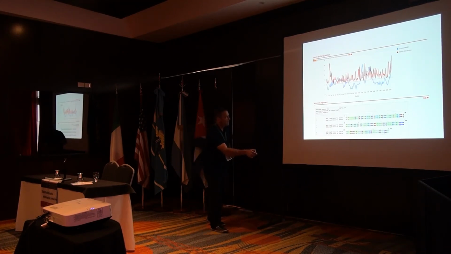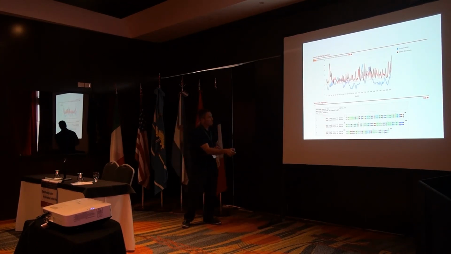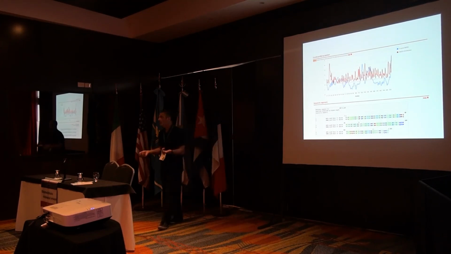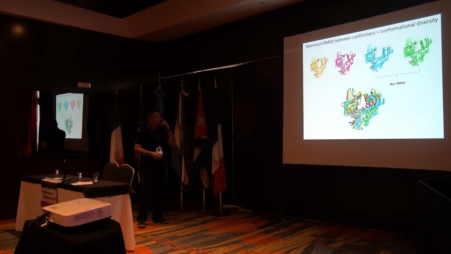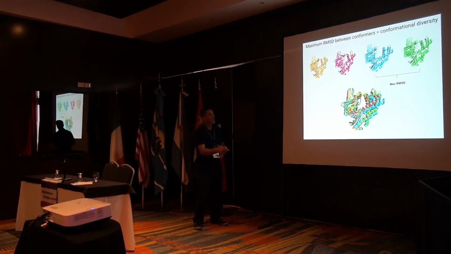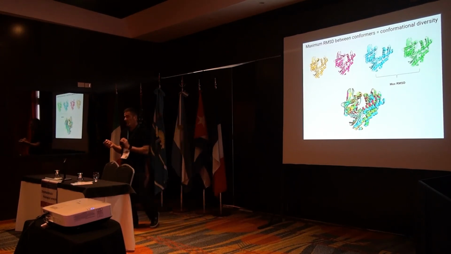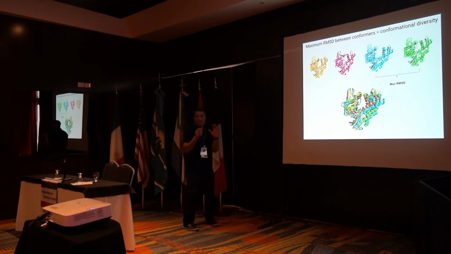You can see here that the sequences are identical, so these different structures represent different conformers. It's important to know that when we structurally align all the conformers for a given protein, we record the maximum RMSD. And that maximum RMSD we take as the indicator of the conformational diversity of that protein. The maximum RMSD.